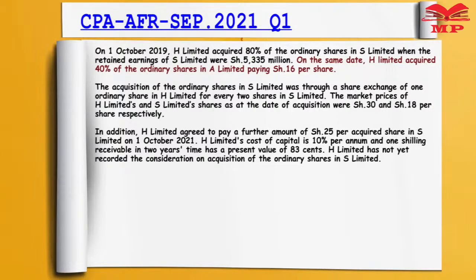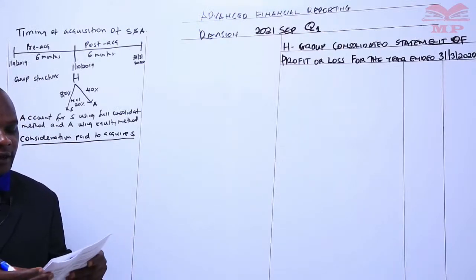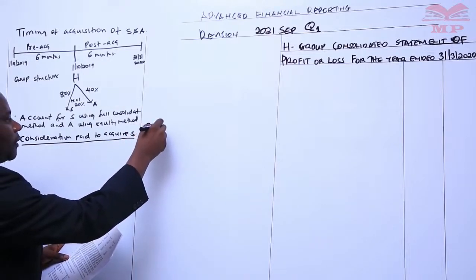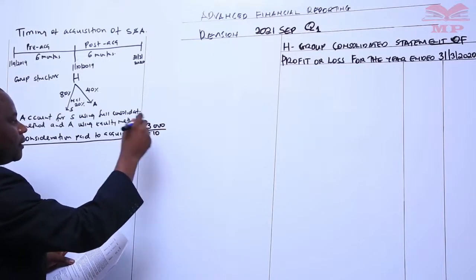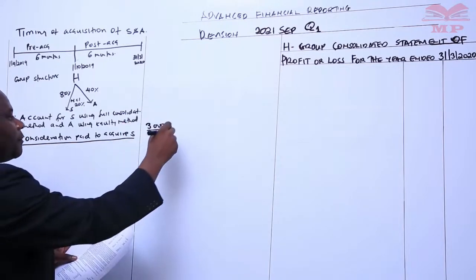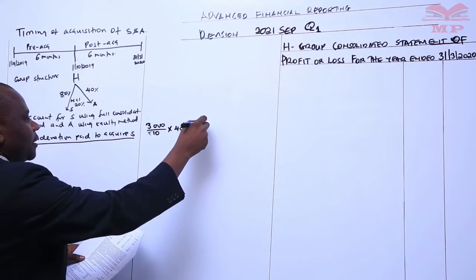And you can also prove it. You're told that on the same date, H acquired 40% of the ordinary shares in A, paying 16 per share. So 40% of the ordinary shares of A. How many shares do we have for A? That is 3 million. I'm just proving to you: 3 million divided by 10, since this is in shillings and I want units, times 40%, that is the acquisition of these shares, then they are priced at 16.